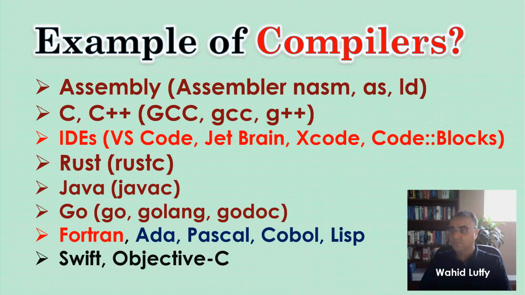Fortran, Ada, Pascal, COBOL, Lisp. Fortran is very powerful in terms of scientific programming, and we use it at Jet Propulsion Laboratory, jpl.nasa.gov. We are using C++, Rust, Java, Go, assembly, everything that you can name.